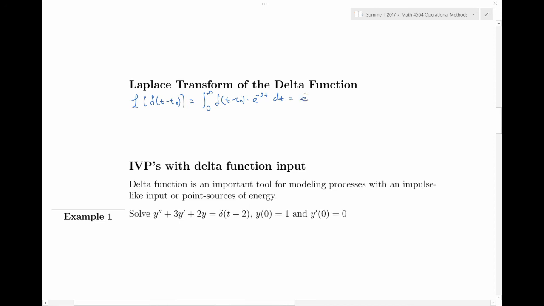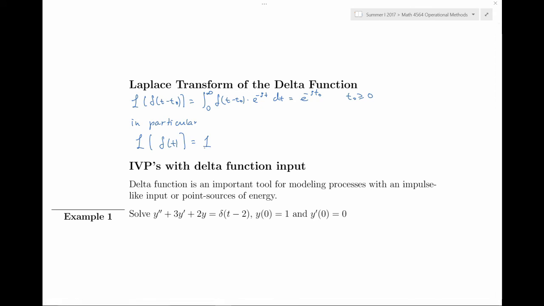So it's going to be e to the minus s t naught. Again, only for t naught greater or equal than 0. In particular, the Laplace transform of just the delta function when t naught is exactly 0 is going to be just 1.